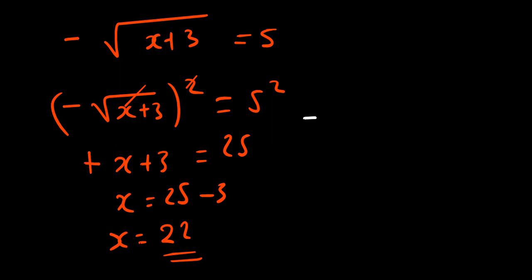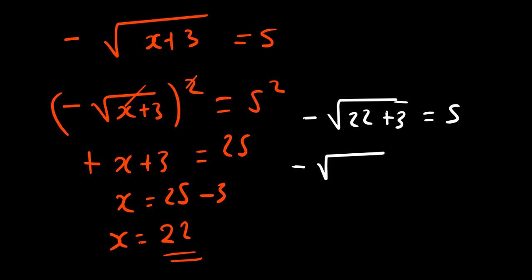So we say negative the square root of 22 plus 3 should give us 5. The square root of 25 is 5, so we get negative 5. Is negative 5 equal to 5? No.